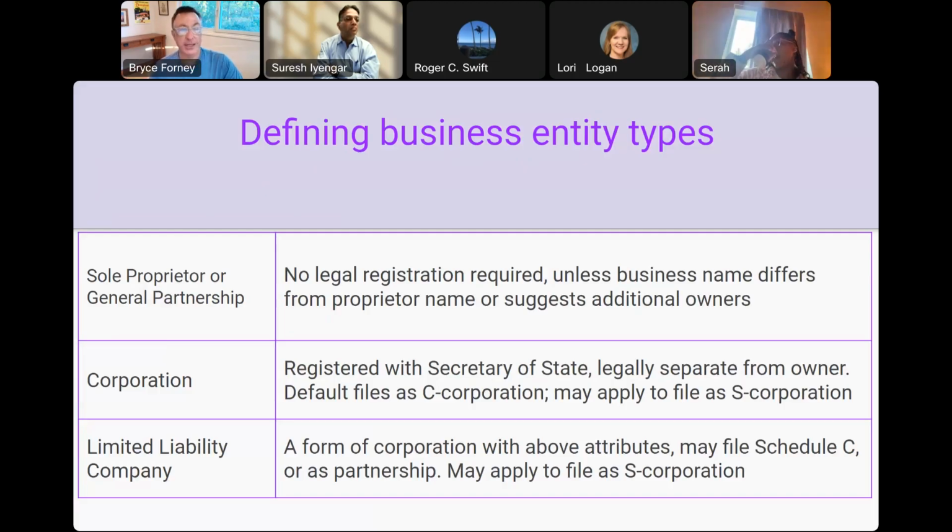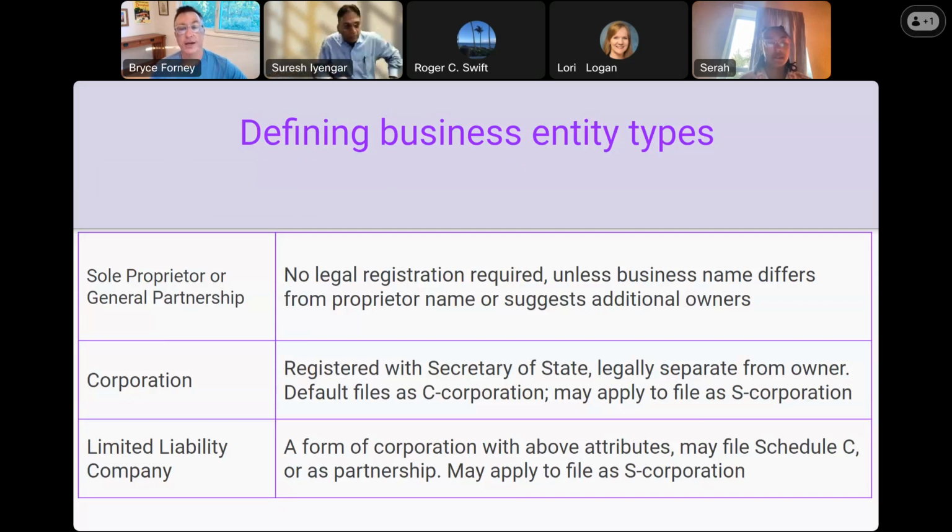So you could be Forney Accountancy, or just your name and profession, like Alan Alda, architect. That means you're a sole proprietor and there's no filing, no registration required.